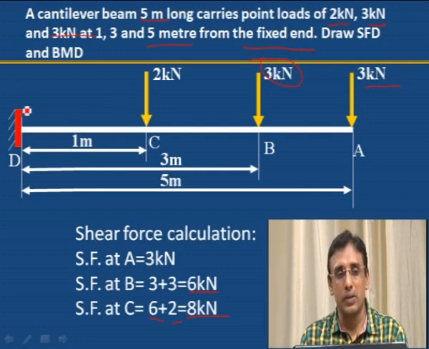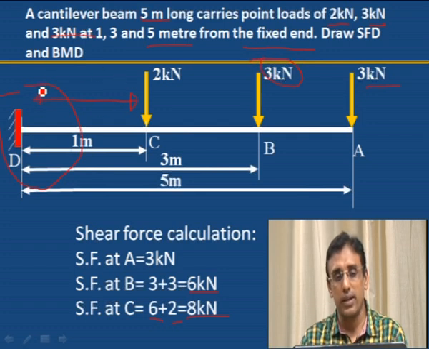Let us see what is the value at D. Shear force at D. In between D to C, no load is added. Therefore, what is the value of the shear force at D?